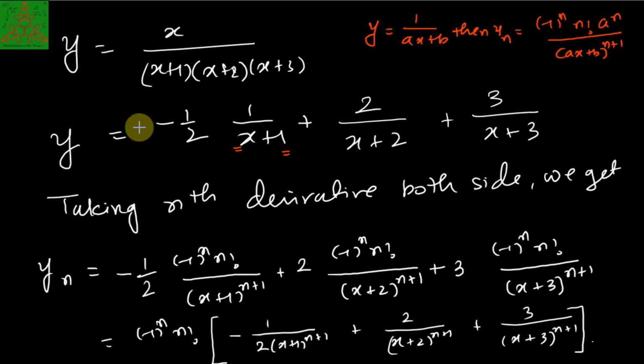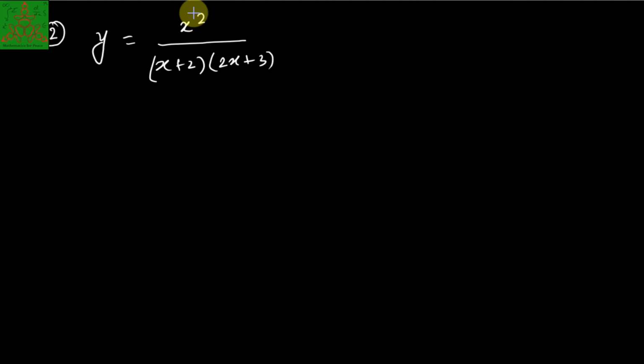Now the second type of example that I am taking is y equal to x square upon x plus 2 into 2x plus 3. Here the numerator, that is p of x in our notation, is of degree 2, and the denominator is also of degree 2.